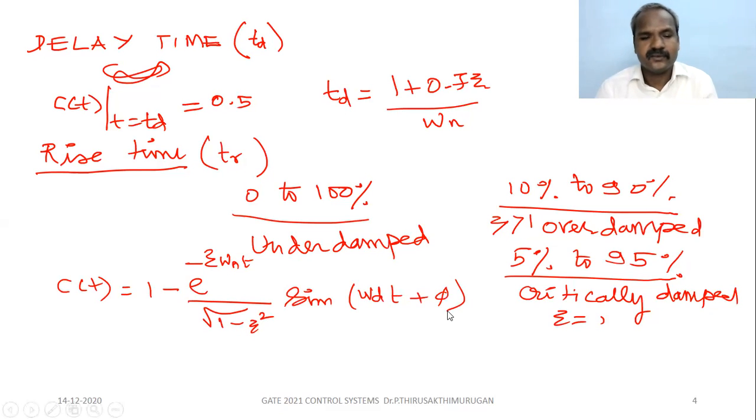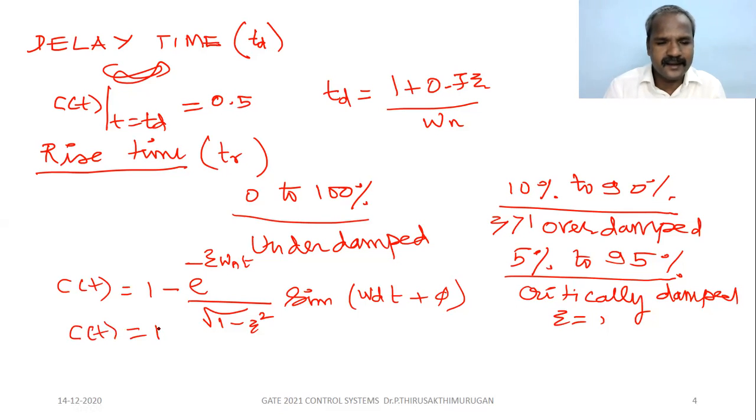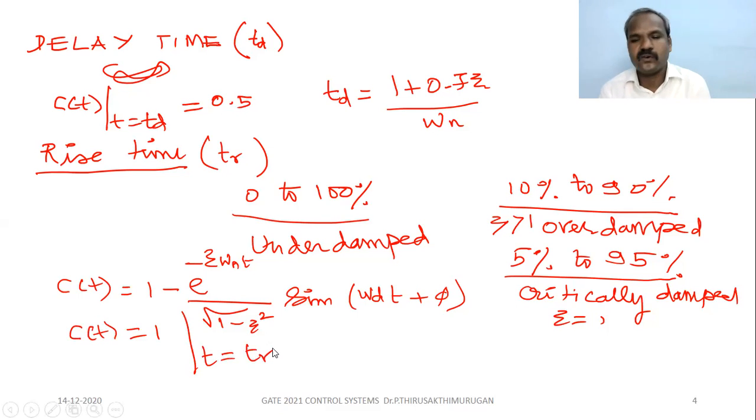Am I right? What is the rise time from 0 to 1? We replace C of t equal to 1 and substitute t equal to tr wherever t appears. So substitute the values here. So what happened?